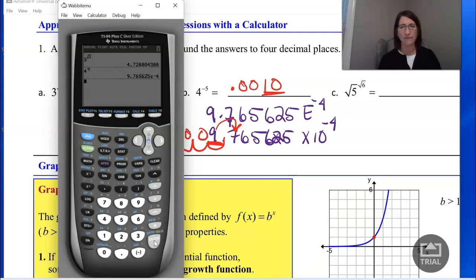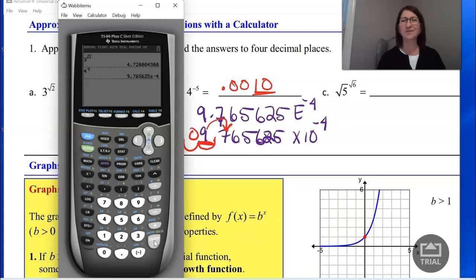Okay, let's go over and do this last one. This one is kind of crazy, but I can still do this. I'm going to take the square root of 5 raised to the square root of 6. I'm going to hit second squared, put in the 5. There's my square root of 5.